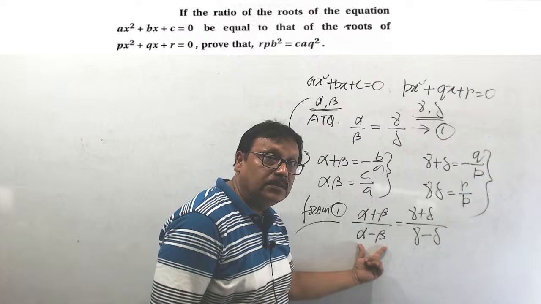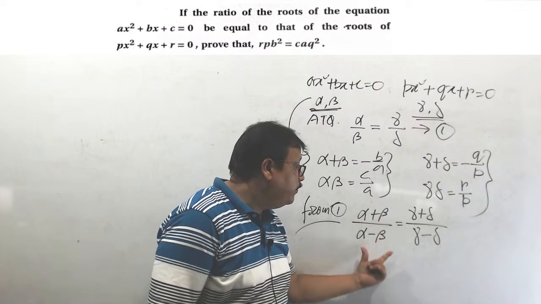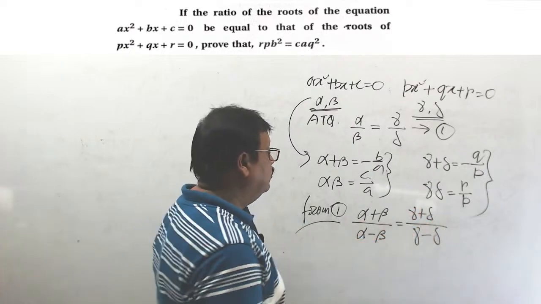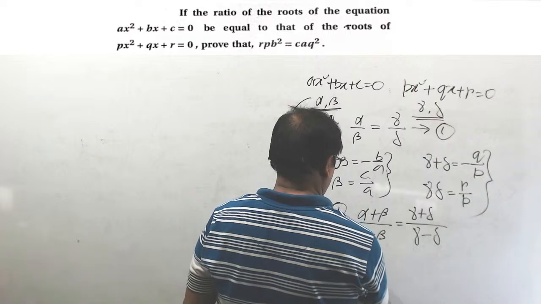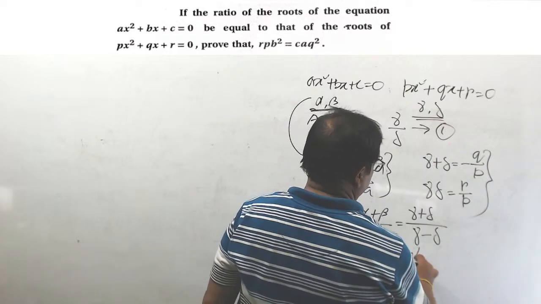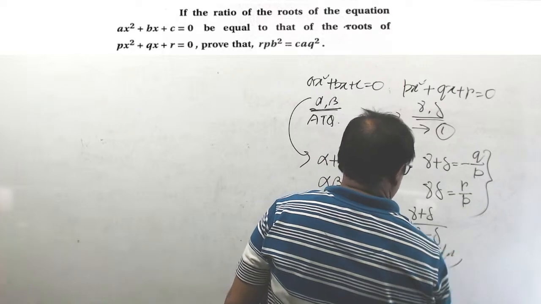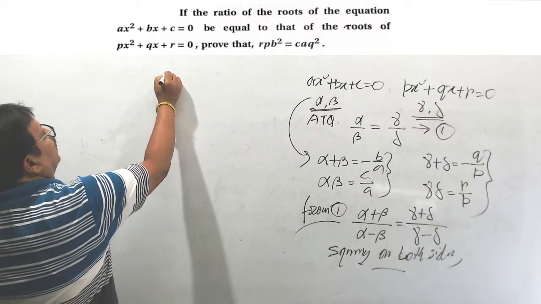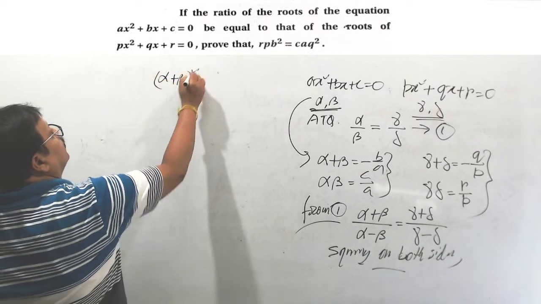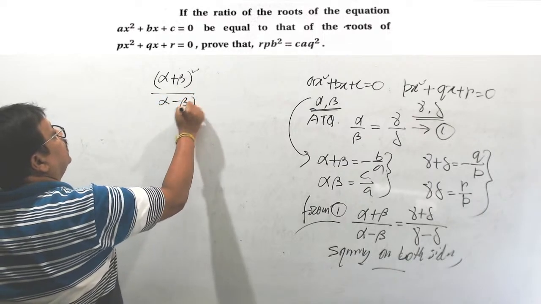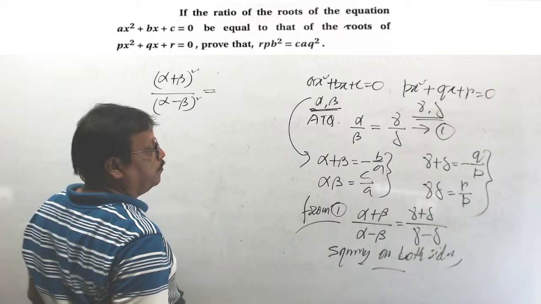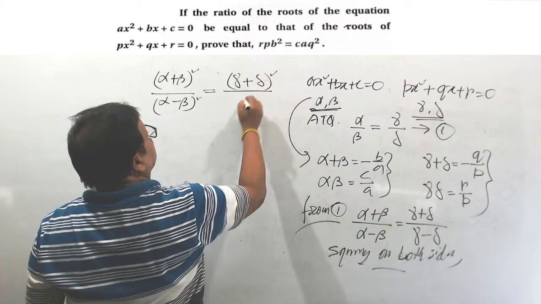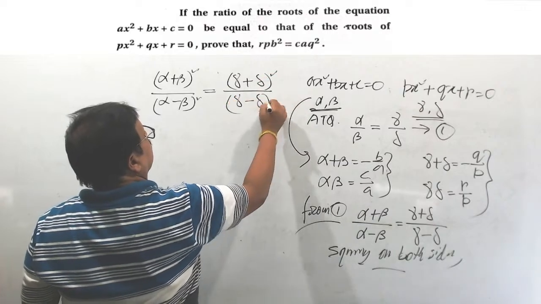Now what to do? For the difference, we have the sum already. To bring the difference, it is better to use squares on both sides. Squaring on both sides, what can you write? Alpha plus beta whole square by alpha minus beta whole square equals gamma plus delta whole square by gamma minus delta whole square.